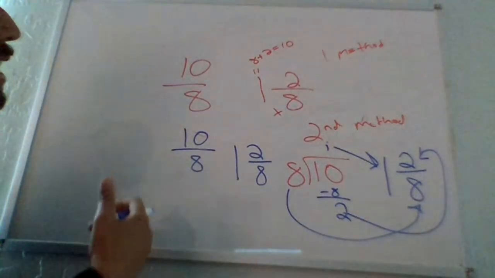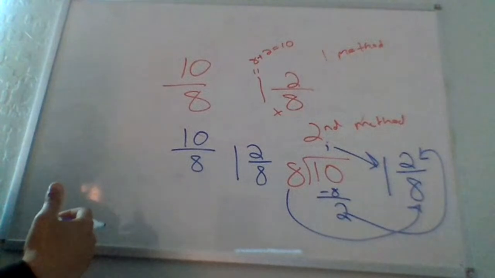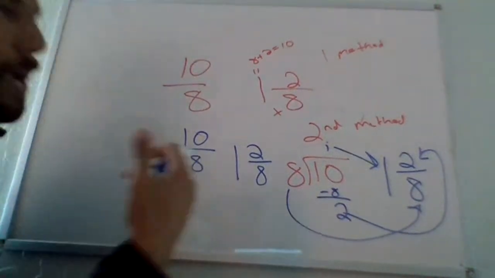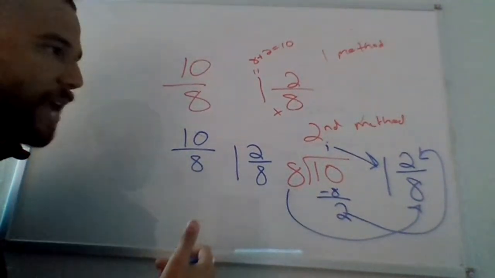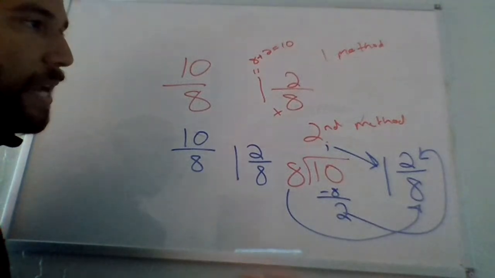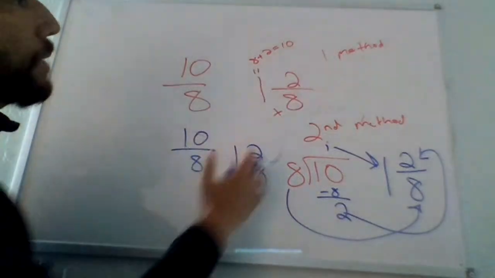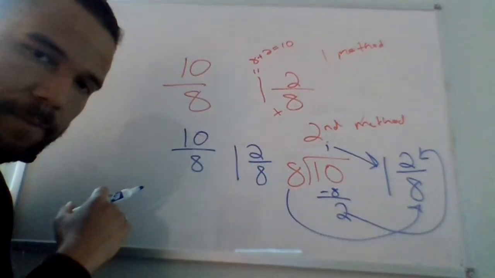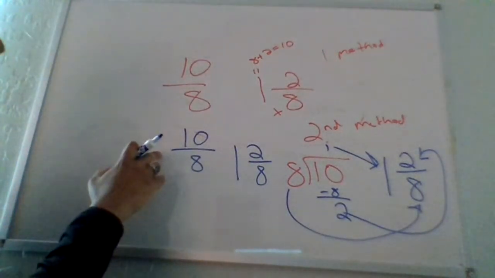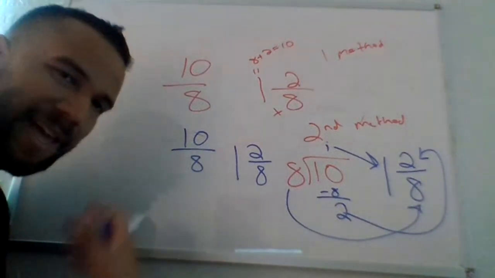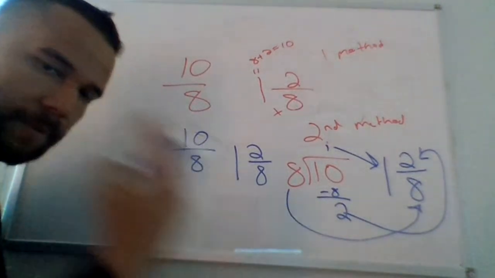Now, if I were to say, hey, I have one bus that holds 8 people, and I have 10, I have another bus that holds 8 people, but over there I have 20, well, then it might make more sense to make it into a mixed number. Or it might actually make more sense to keep it as an improper fraction. It all depends on how we see the problem.